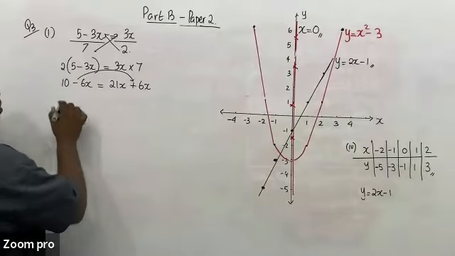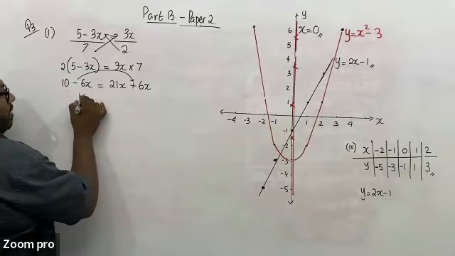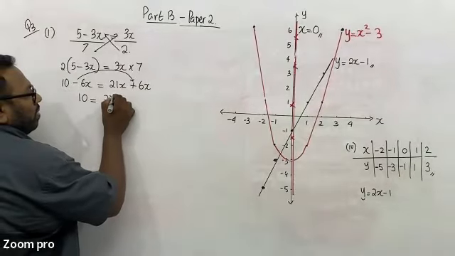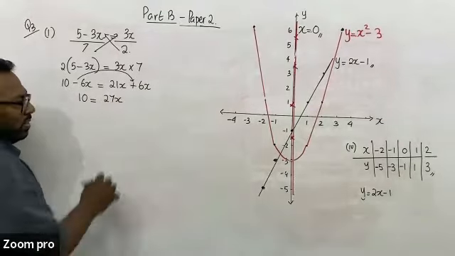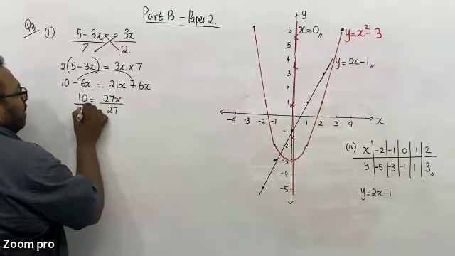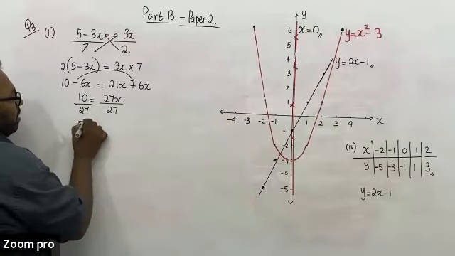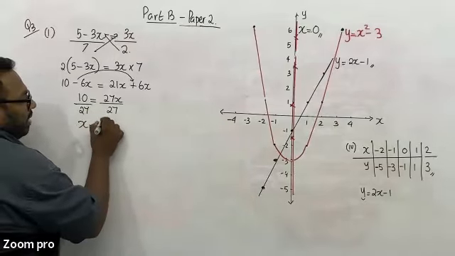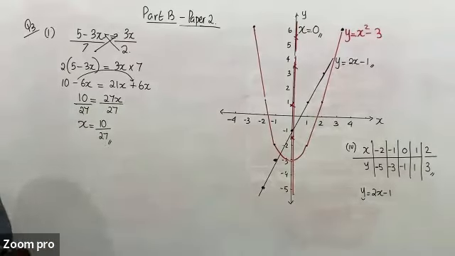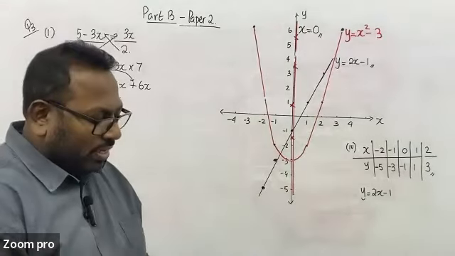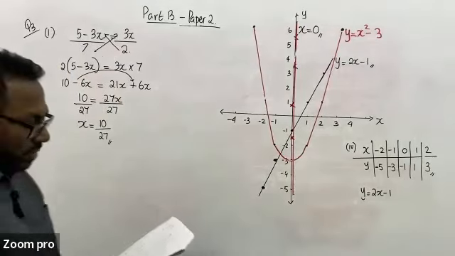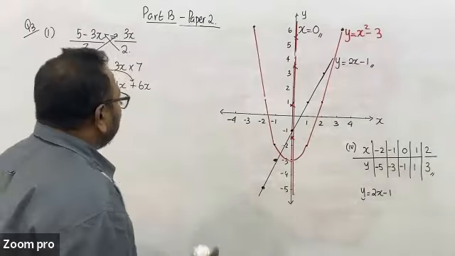So 10 is equal to 21x plus 6x, 27x. Divide by 27. Divide by 27. X is equal to 10 over 27. That is your final answer. This is equal to 10 over 27.